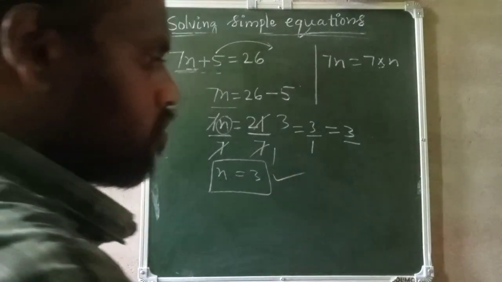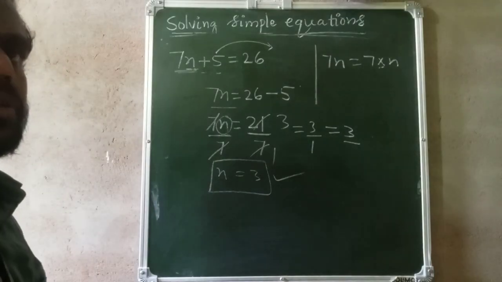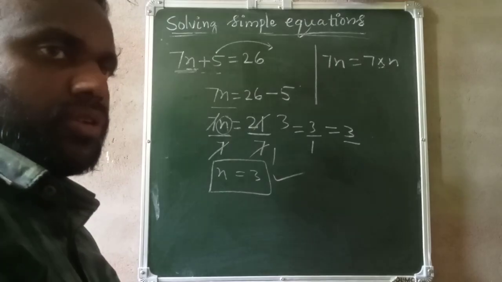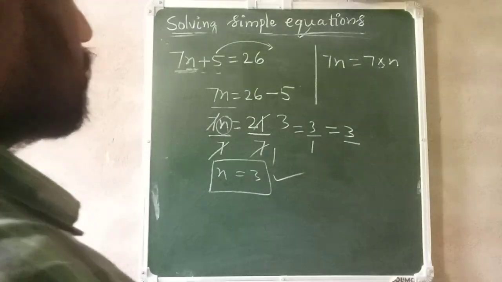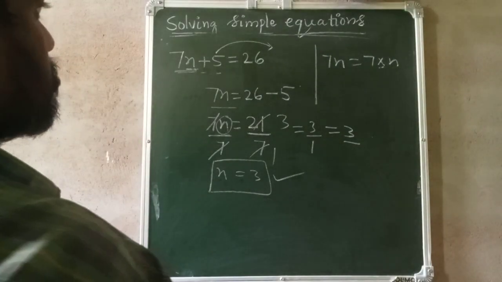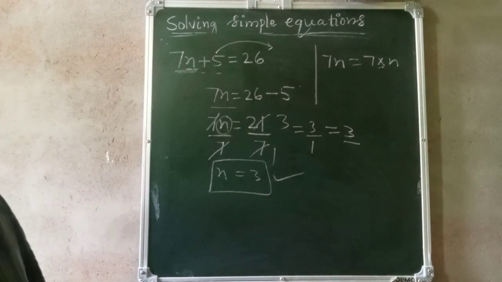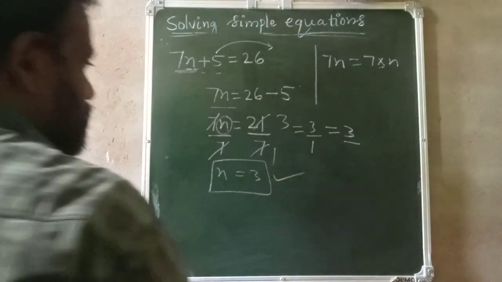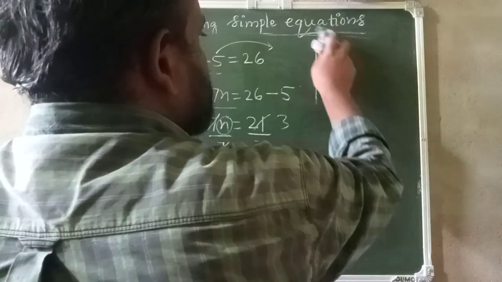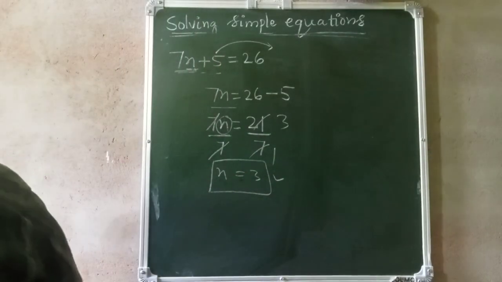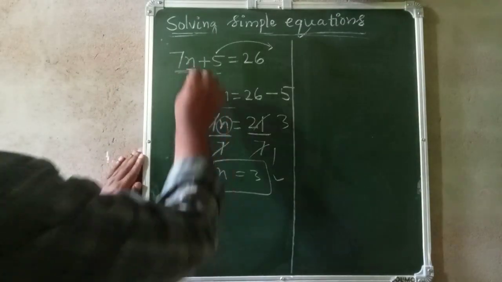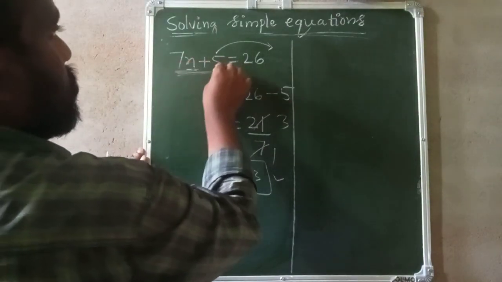So next we will check whether this n is equal to 3 is correct or not. This is LHS.